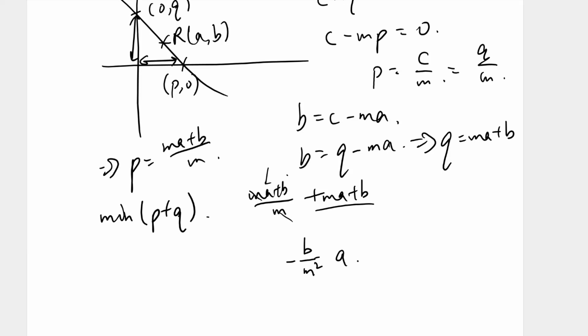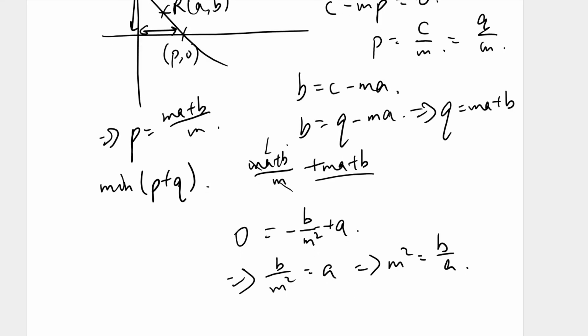Yeah, hopefully mathematics is correct. Plus a. Okay, and let's put that to 0. That implies that b over m squared equals a, which implies that m squared equals b over a. And we know that m equals, well, plus or minus root of b over a, I suppose.